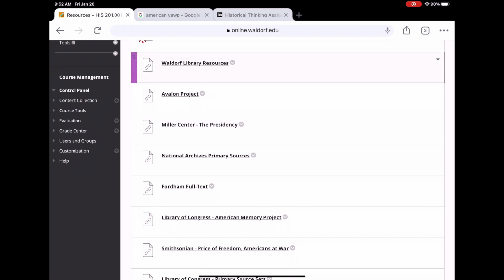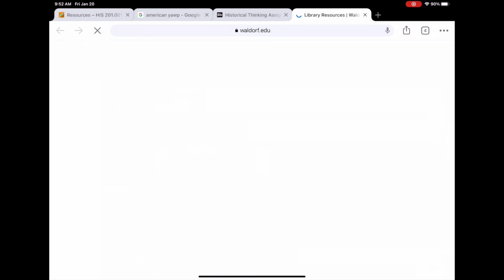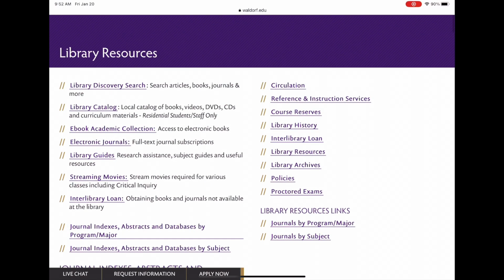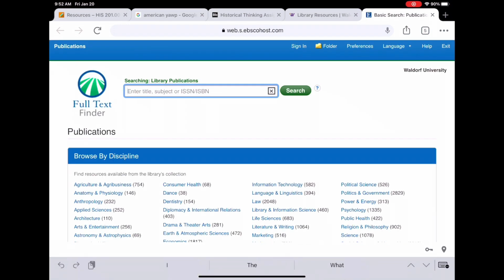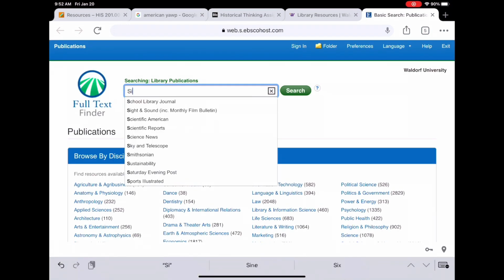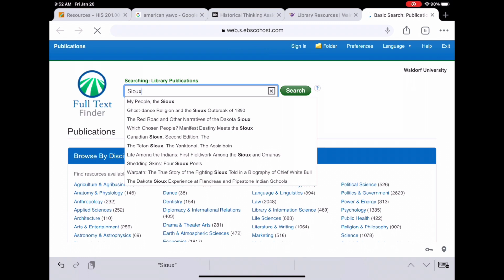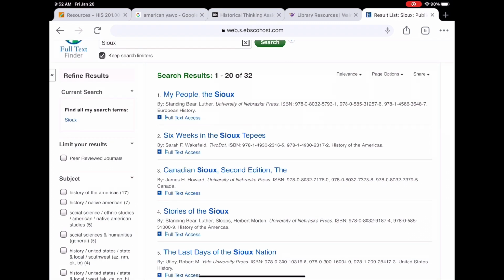You could use that to take a look at some of the different resource collections there, whether it's electronic journals, and you're going to look for your question. Back if we were talking about the Dakota Sioux people, maybe you're going to search, and you're going to read this article by Luther Standing Bear called My People the Sioux, or you're going to look at the Canadian Sioux, 2nd edition.